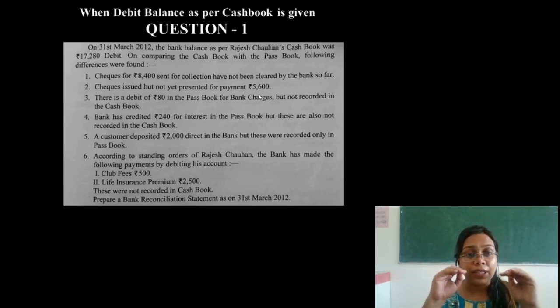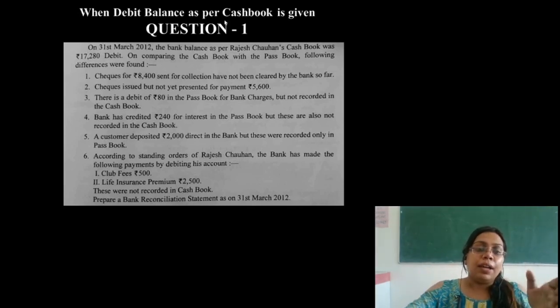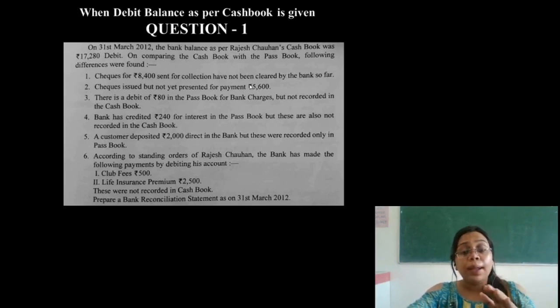But in this case, the amount has not been deducted from my passbook. So from the cash book balance I will add back this amount, because I have already deducted it in my cash book.